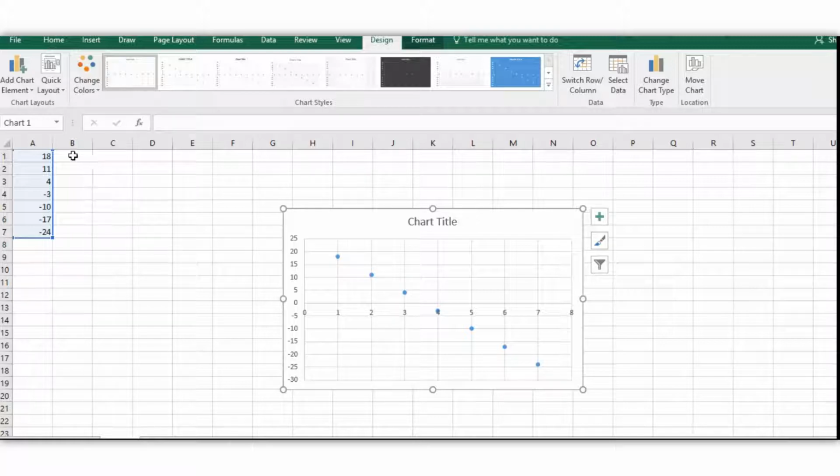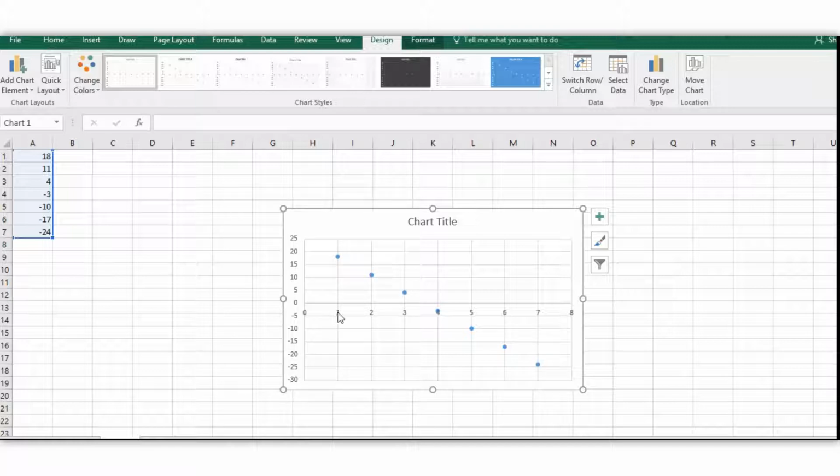And that fits because my common difference, if I go back to a linear equation, y equals mx plus b, is going to equate to your slope. And since we've got -7 as our common difference, I should be looking at a linear function that has a negative slope.